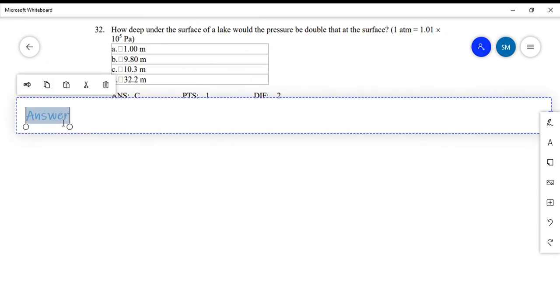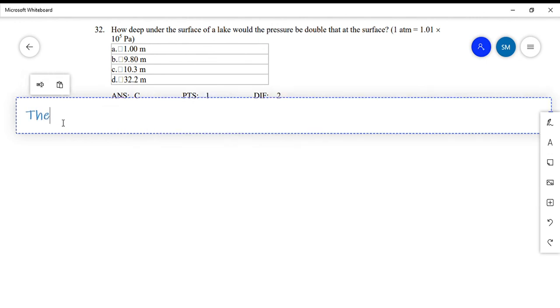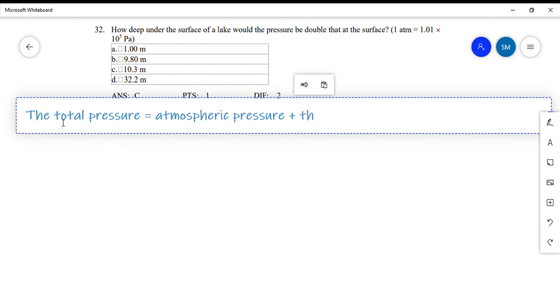Okay. How deep under the surface of a lake would the pressure be double that at the surface? First we have to calculate the total pressure, or the absolute pressure. The total pressure is equal to the atmospheric pressure plus the pressure on the water.